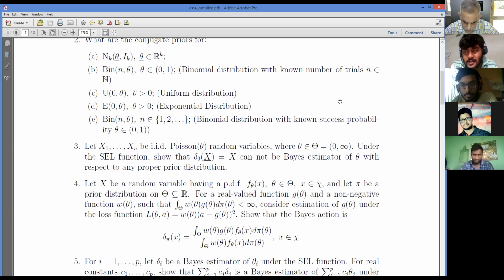So if you remember when I started this Bayes and minimax estimation, I had said the problem why we are not able to find the best estimator, in the sense of one which minimizes the risk at every theta, is the fact that you're trying to minimize a function. Minimizing a function at every theta becomes a problem. It is like you're talking about two functions and saying one function will always be below the other for every theta.